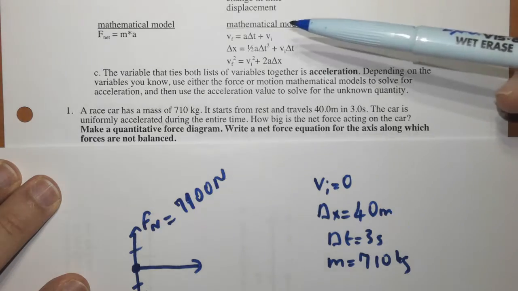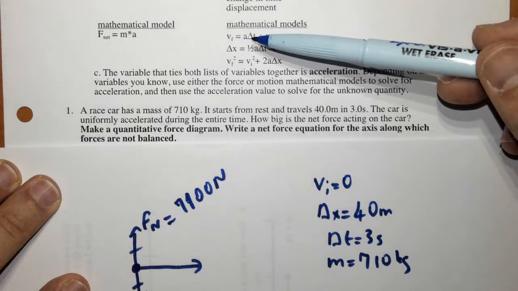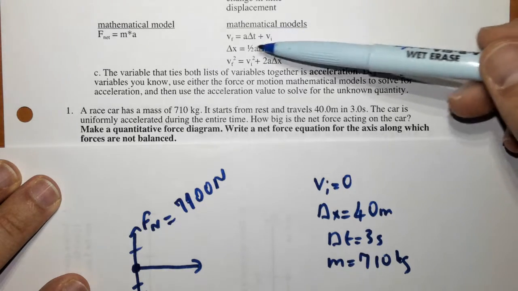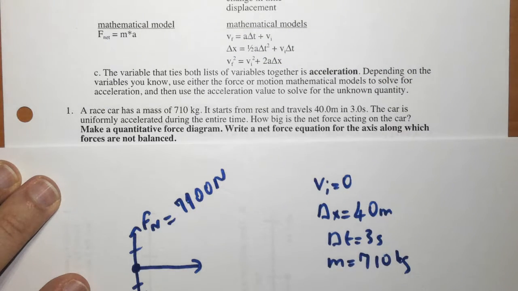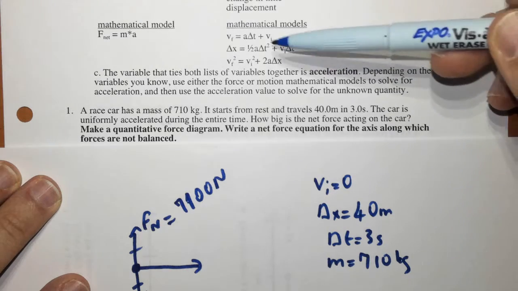I'm going to start from the first one. Do you know V final? No. Do you know acceleration? No, I'm trying to find that. Delta T, yes. There are two unknowns here, so I cannot use that. I'm going to find the one that has one unknown, so I can solve for acceleration.